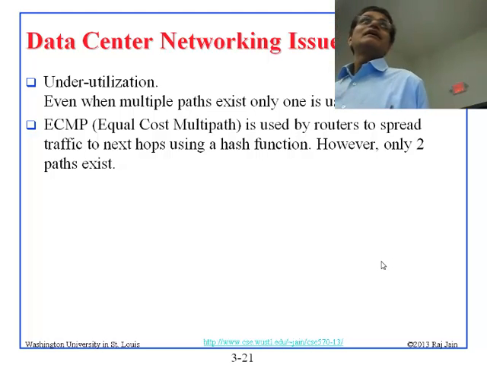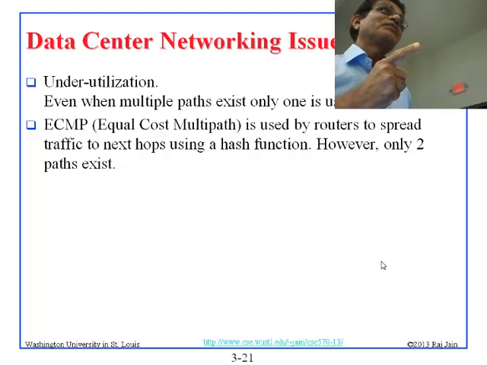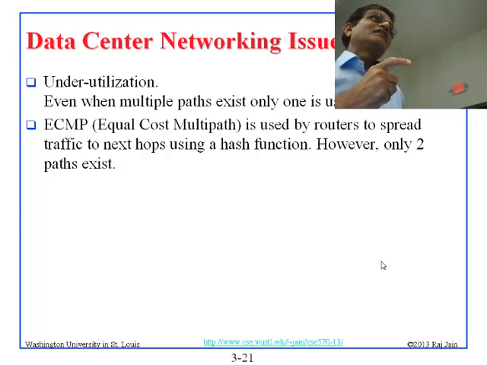Shortest path is good only when latency is an issue, right? But when latency is an issue, you have to worry about congestion, because congestion is what affects latency. And if it is underloaded, then yes, shortest path is good for latency. All paths are almost equal always. Okay, no, hold on.